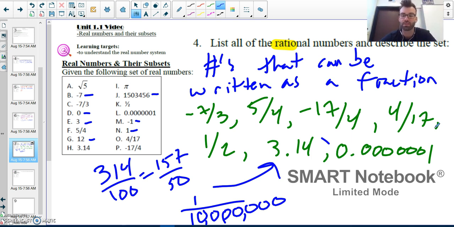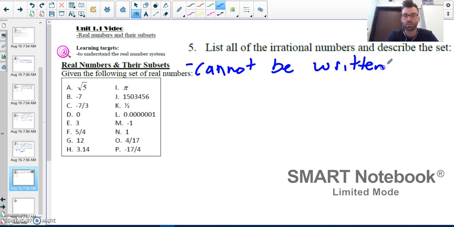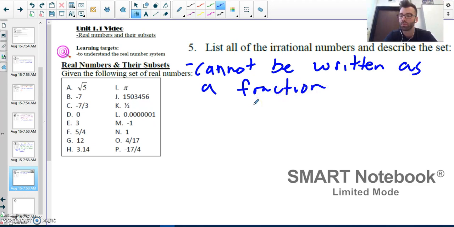So rational numbers, remember, are numbers that can be written as a fraction. Irrational numbers, you guessed it, are numbers that cannot be written as a fraction. They're decimals that never repeat or end.